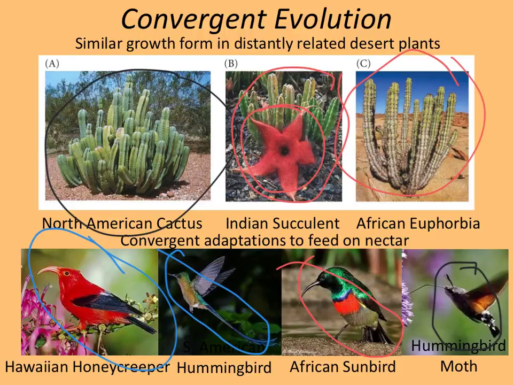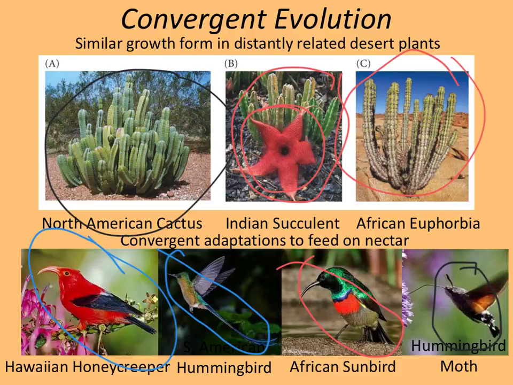So remember, all these plants along the top, they look like cactus. They're not. One is. The one from India is not a cactus. They don't exist over in India, nor in Africa. They look similar. Why? What kind of environment do they live in?